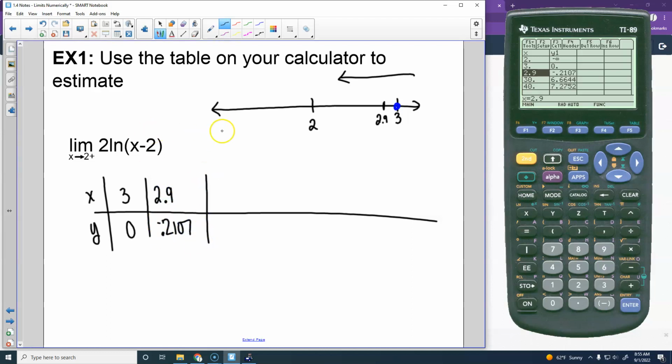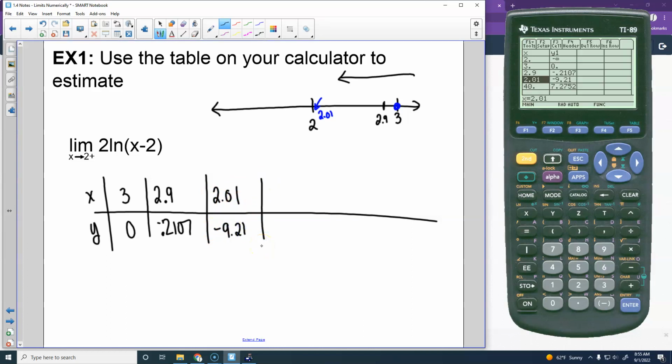Okay, give me something closer to 2. 2.01. So we're going real close, right? At 2.01, I've got negative 9.21.